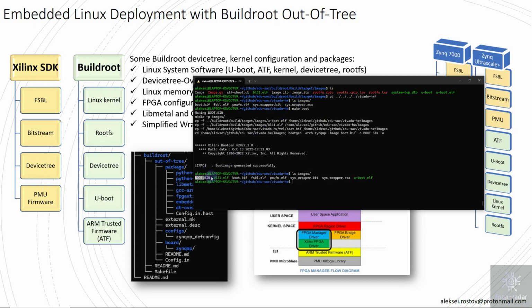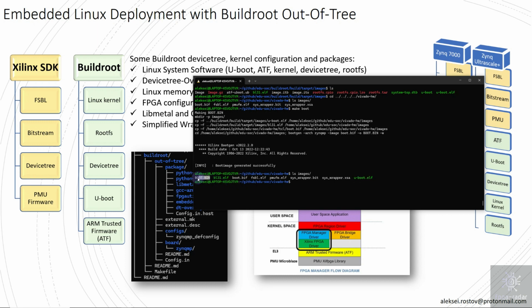So the boot.bin file is created, and it can be used in order to load Linux on the target. Basically, the boot.bin file comprises the following binaries. First of all, the first stage bootloader, a bitstream, ARM trusted firmware, PMU firmware, and U-Boot. There is no rootfs file system, no device tree, and no kernel.